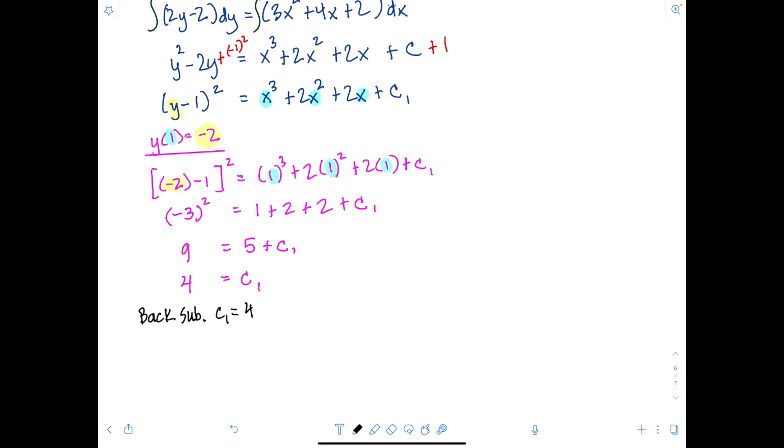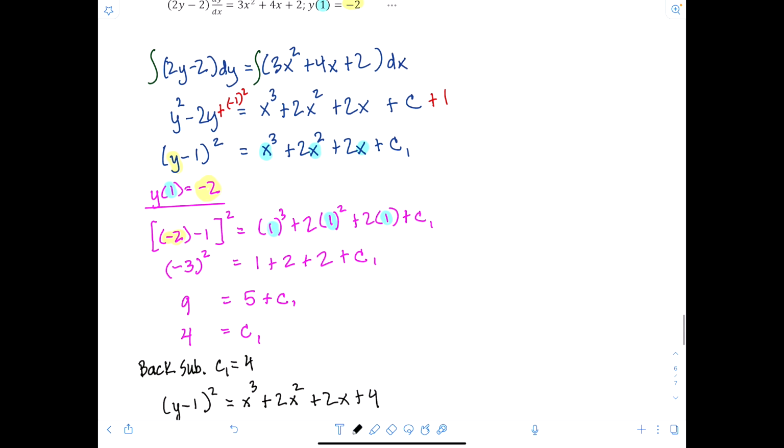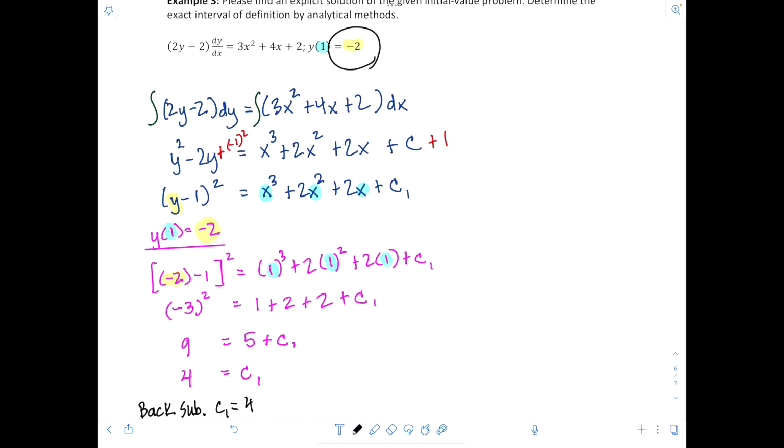And then we want to also isolate y. So we have y minus 1, the quantity squared, equals x cubed plus 2x squared plus 2x plus 4. If I square root both sides, I'm going to pick the negative square root, sorry, because of this negative interval for y.